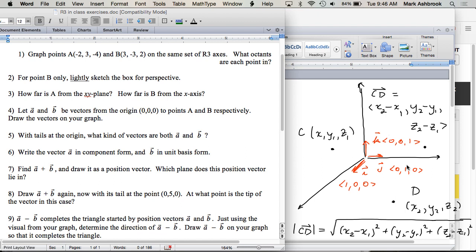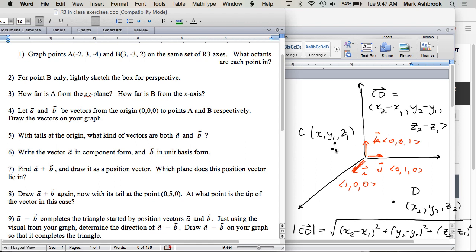So not only is that the magnitude of the vector CD, but then, what is that in space? That value of the points C and D, what is that relative to the points C and D? The distance between them, right?